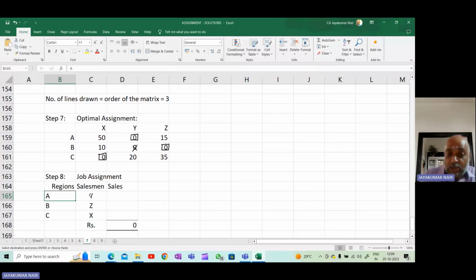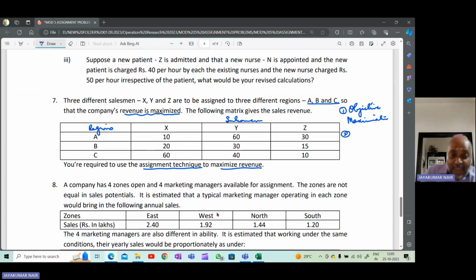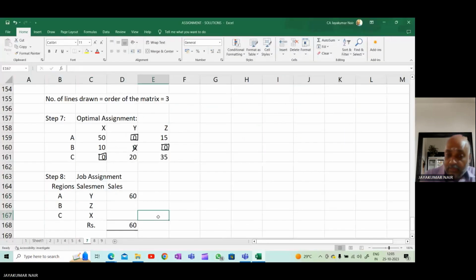Region A will be assigned to salesman Y. Region B will be assigned to salesman Z and region C will be assigned to salesman X. Now what you have to do is find the maximum sales if you assign this way. You have to go to the original question and see, if region A is assigned to Y, what is the sales? The sales is 60, so you write here 60.